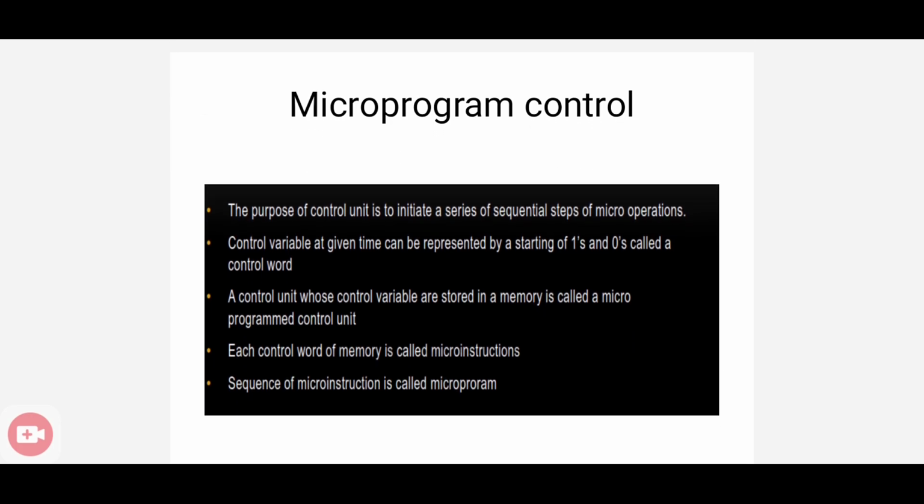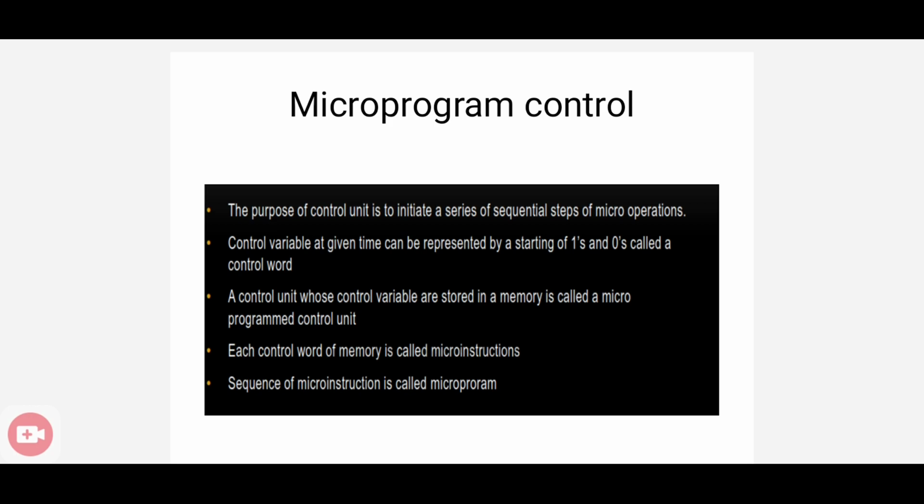And next is microprogram control. This is the fourth method of control logic design. The purpose of this control unit is to initiate some micro operations.